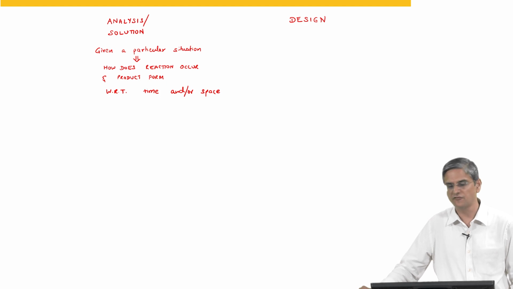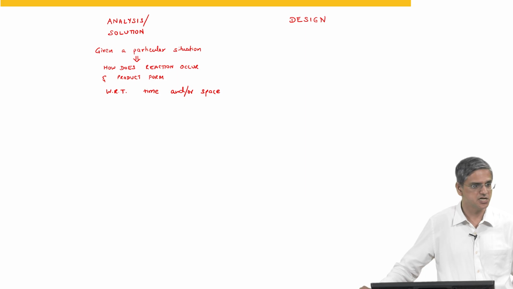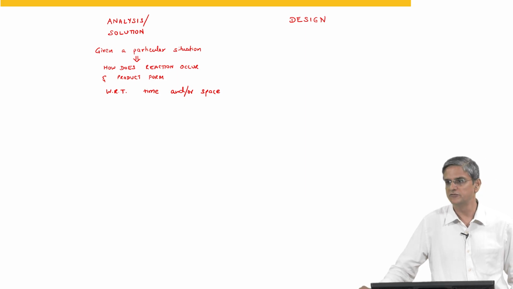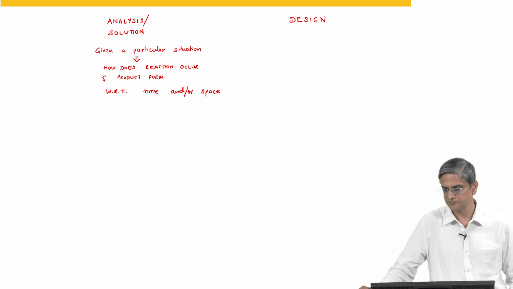How does the product form? How do side products form? How does selectivity change? How does yield change? So on and so forth with respect to time and or with respect to space.